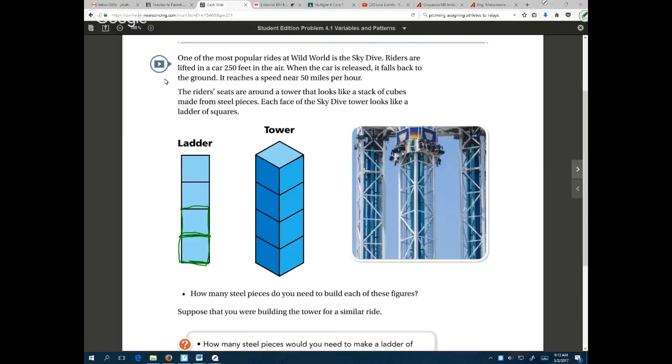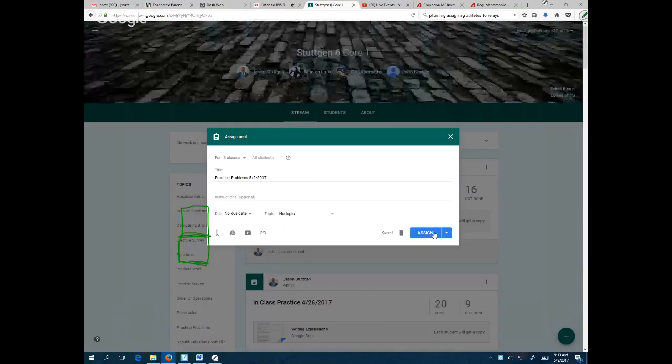Here, grab the back side. I gotta post that one. How do I get this one?